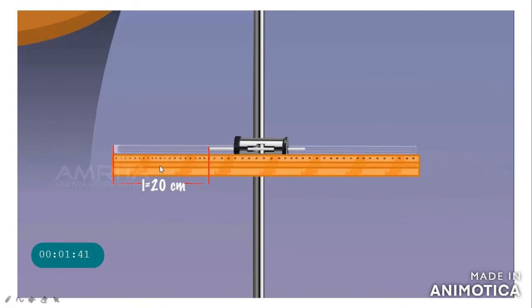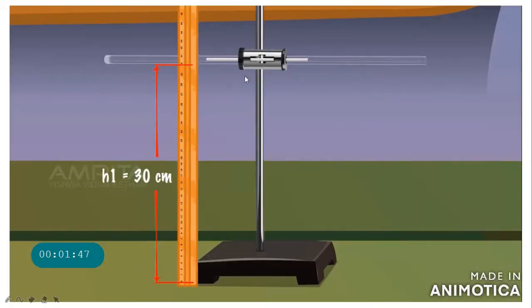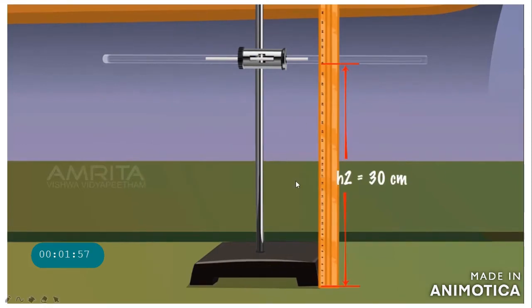Here the length of the air column is 20 centimeter. Then we will measure the height of the mercury column from the bottom of the stand. Here H1 is 30 centimeter and H2 is 30 centimeter. This is the height from the bottom of the stand to the top of the mercury column.